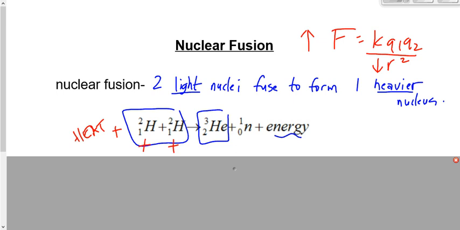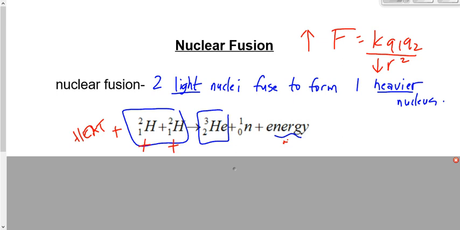Again, in order to make any measurable amount of energy come out of it, we don't need one of these, though. We need a lot of them. And we get a lot of them by setting it up so that we kickstart it going, and then it has to sustain itself, basically. Does that make some sense?